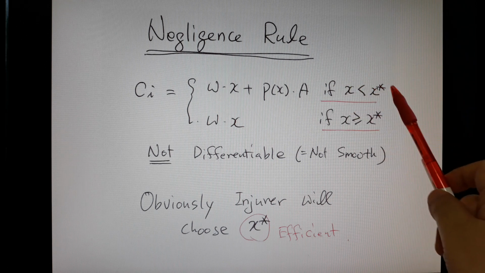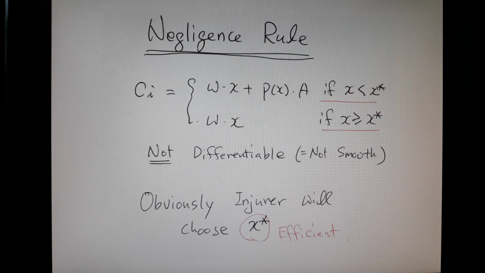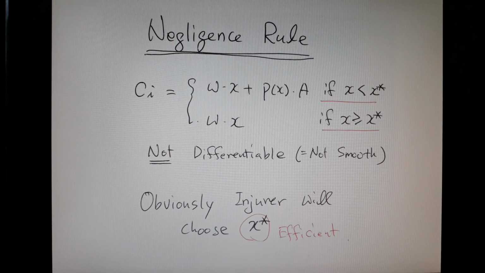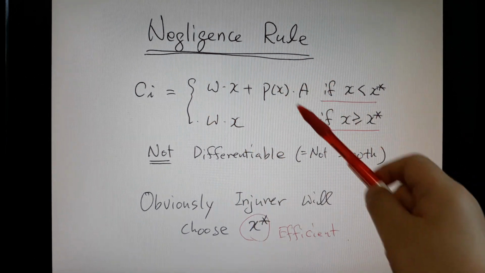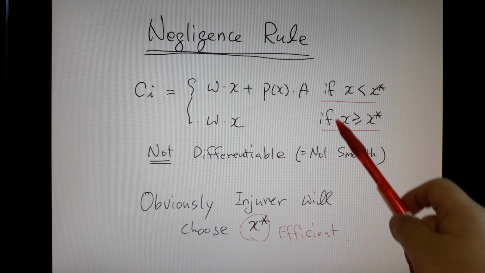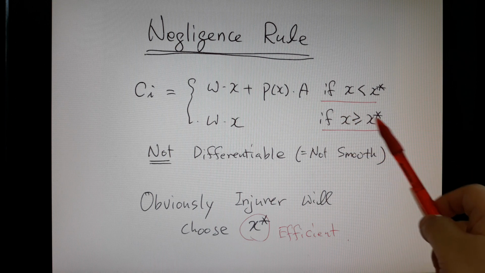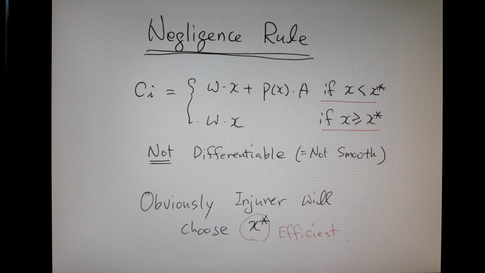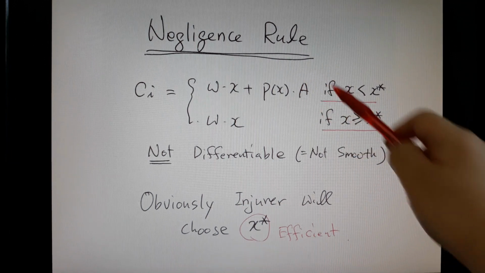If the carefulness is less than optimal and there is an accident, you are totally responsible for the damage A under the negligence rule. But if you were careful enough, your precaution is bigger than or equal to the optimal precaution level, then you are not responsible for A anymore.